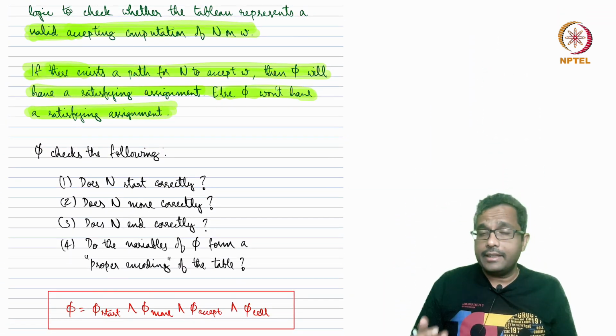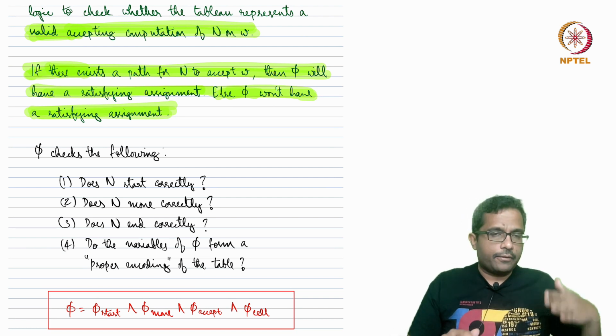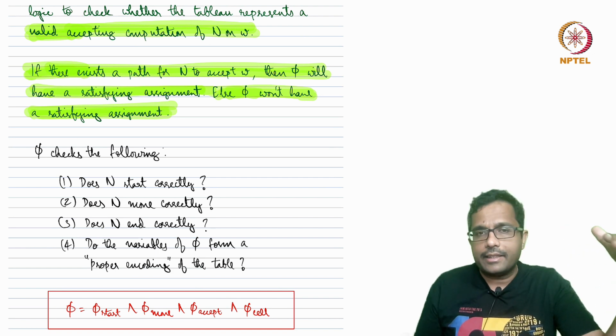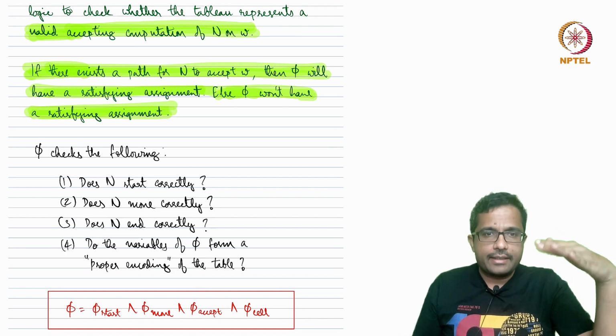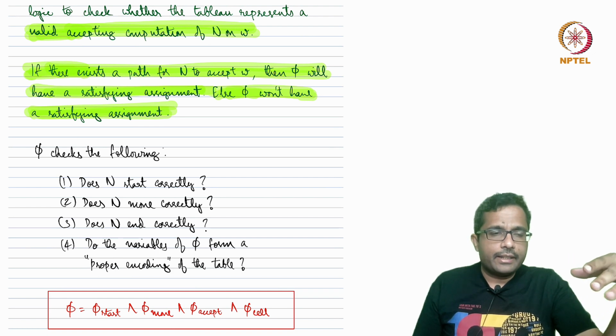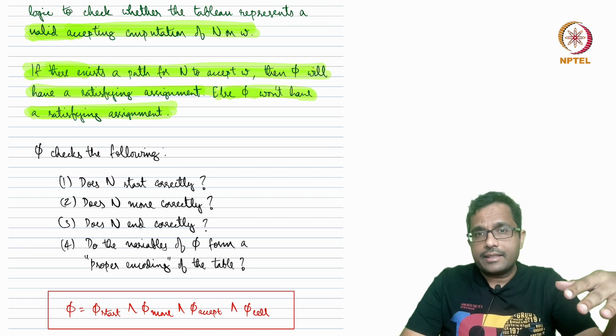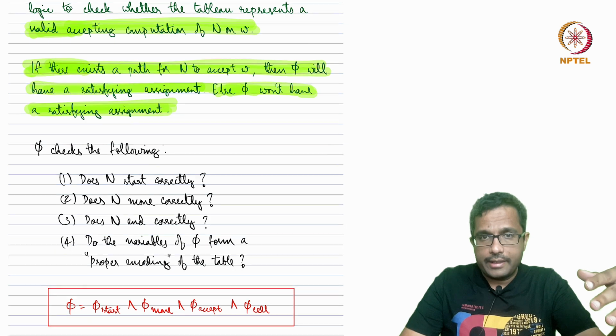We had to check three or four things: whether the first configuration is the valid starting configuration, whether it ends with an accept, and whether the variables encode the table properly. These three parts we saw in the last lecture.